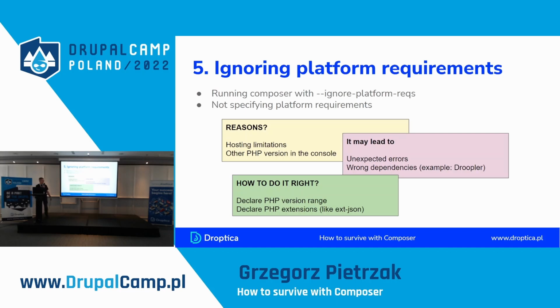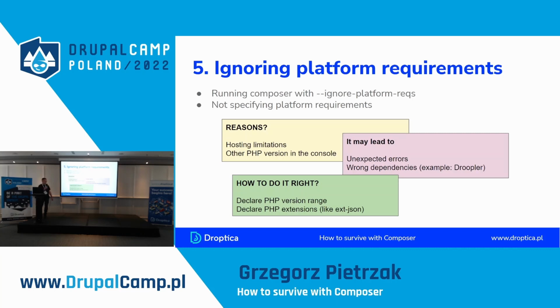There's an example for that in our Drupal distribution. If you choose to use PHP 7.2, you will get Drupal 8 because it's the compatible version. If you ignore your platform requirements, you will get Drupal 9, so the latest version. So if you don't know what you are doing, if you are using this switch, you may get a version that is not compatible with your local environment.